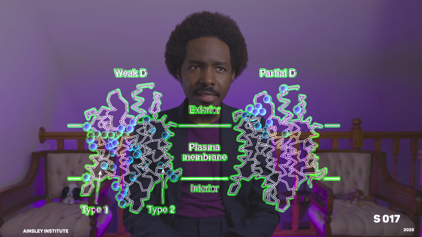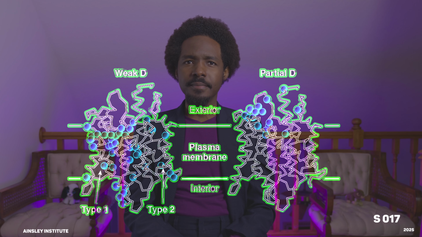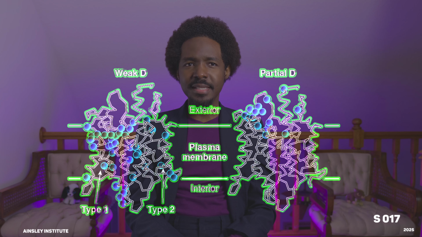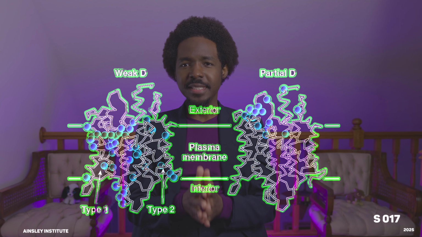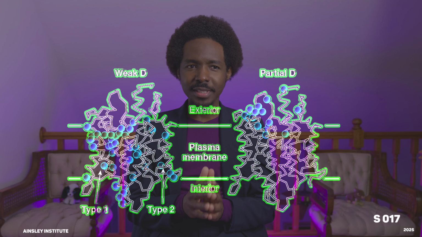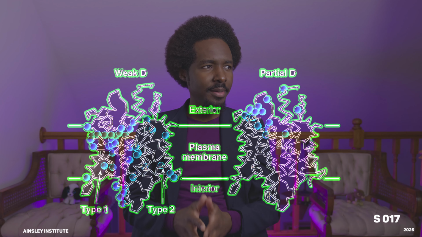But there are still circumstances in which weak D testing is necessary. Individuals with red blood cells carrying weak D antigen can produce anti-D if they are missing epitopes of the D antigen. And that is something we have to bear in mind.